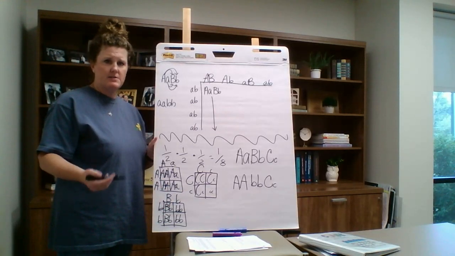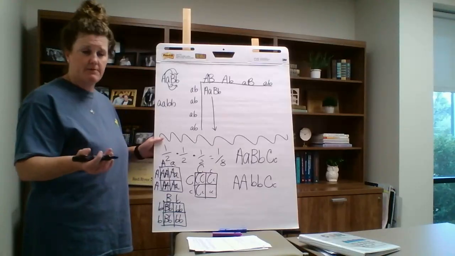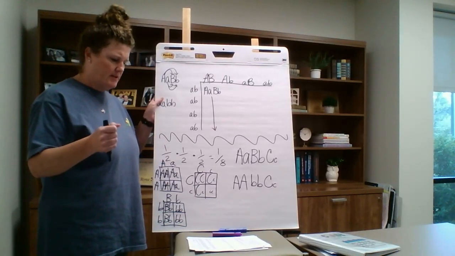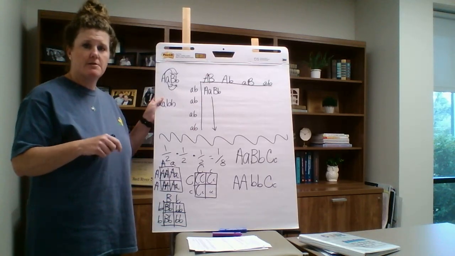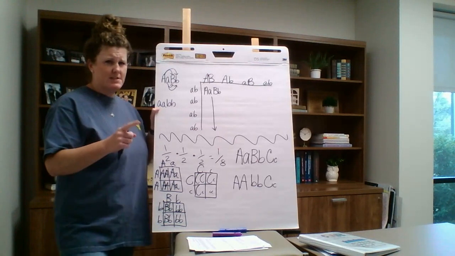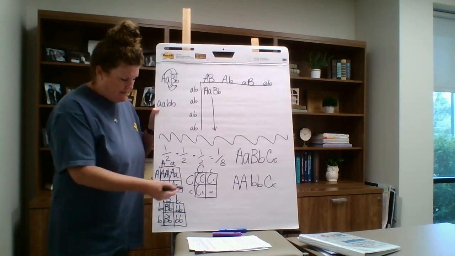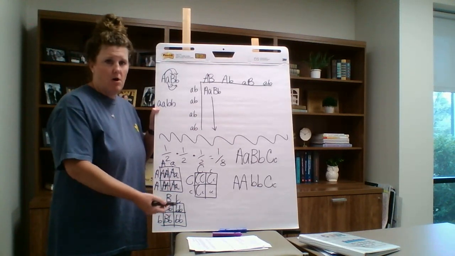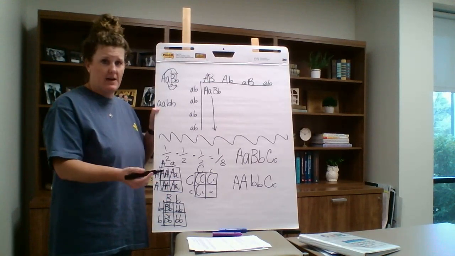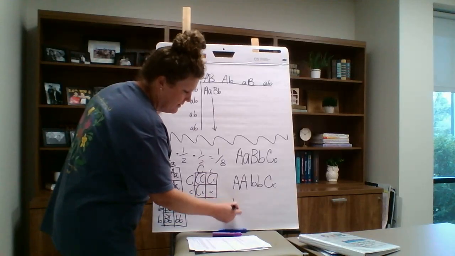And now what I can do is I can just look at my probabilities of different outcomes. So the question says, what is the probability of having a child with 3 dominant traits, okay? So once again, use fractions here. If I look at my A box, all of them are going to be dominant, okay? So that's 4 out of 4, or that is just simply a 1.